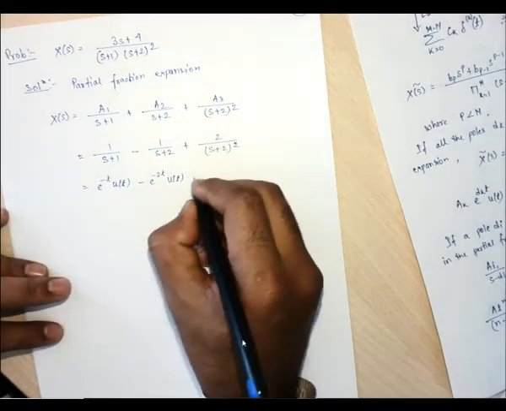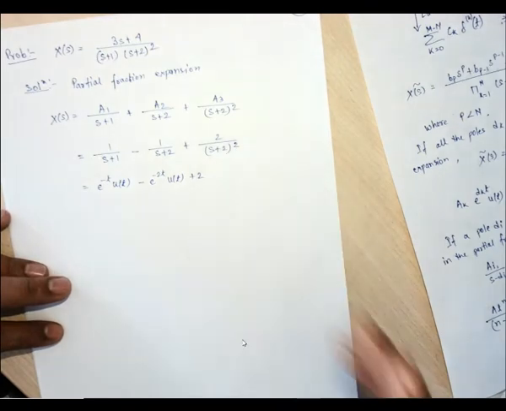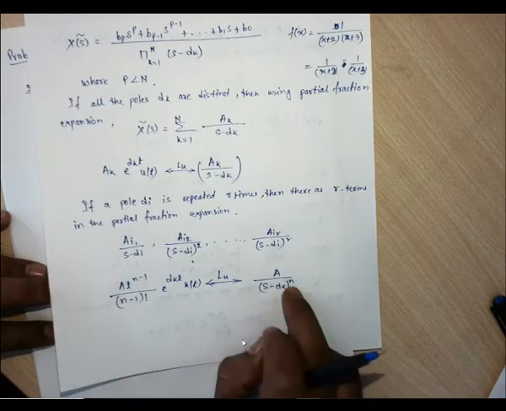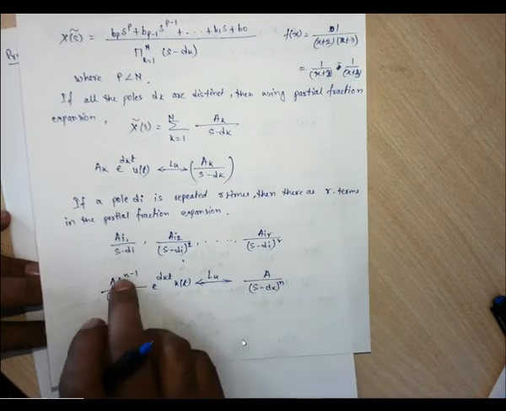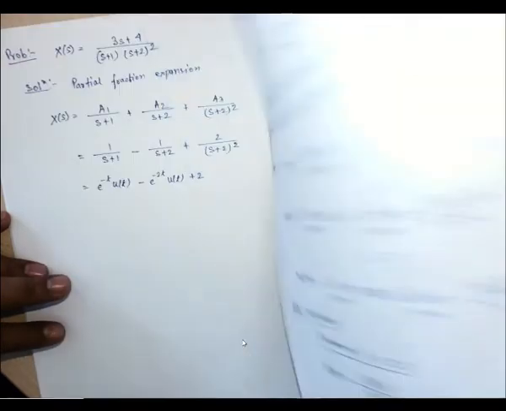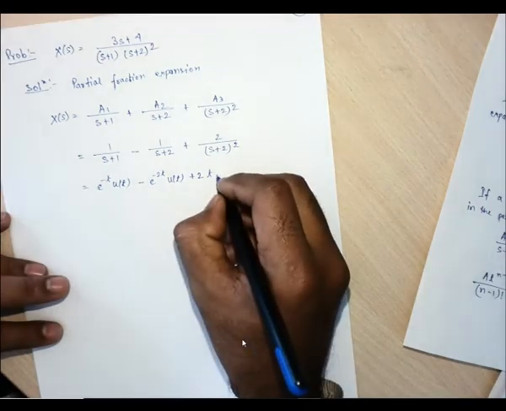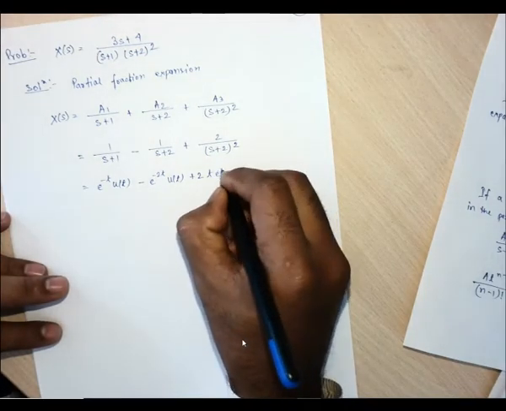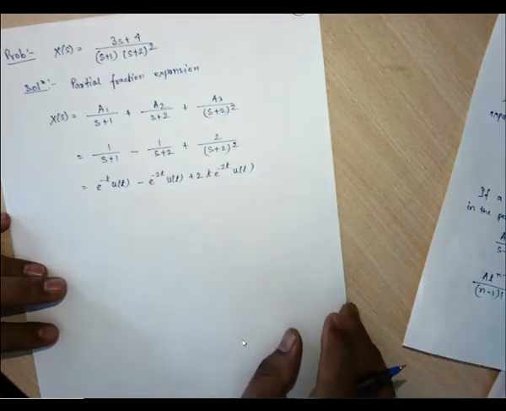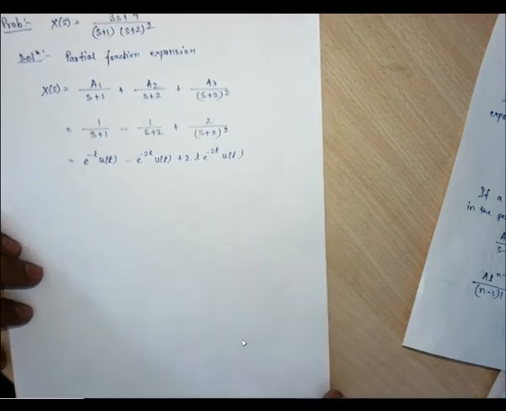Here the constant is 2, then the square, and we get t to the power n minus 1 by (n minus 1) factorial. Since 1 factorial is 1, we get t e to the power minus 2t u(t). This is the inverse of this Laplace transform.